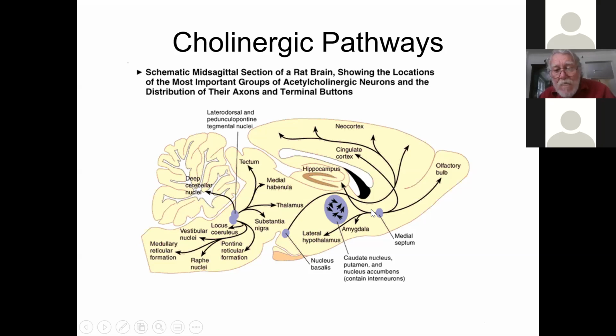And again, what basically was found was that loss of cholinergic tone in the medial septum would produce some of the shorter term memory difficulties that we see with cholinergic innervation of the hippocampus. So those are the cholinergic pathways.